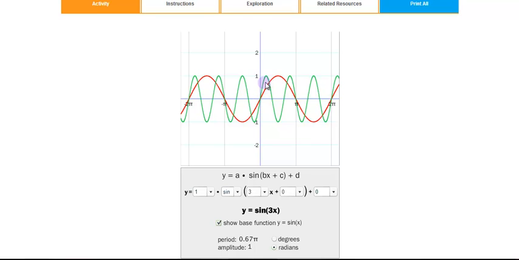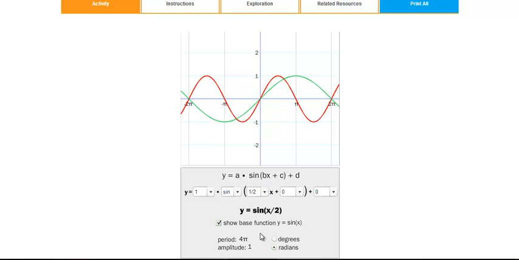So in other words, my period, the length that it will take for me to see one picture of sine, is going to change. If I change that to a different value, let's make it bigger, now I don't even get a whole picture in before I'm already at 2 pi.